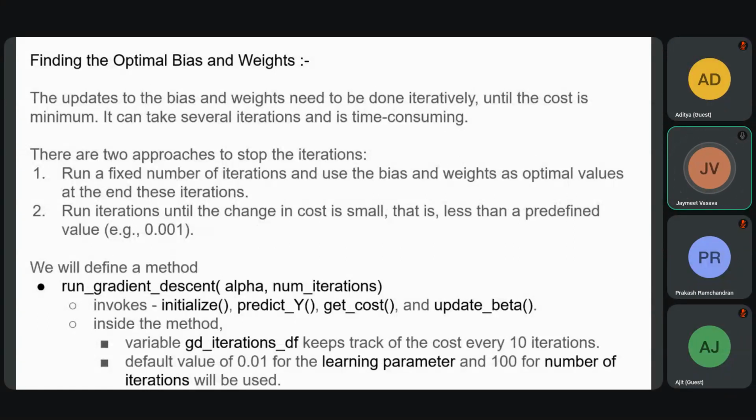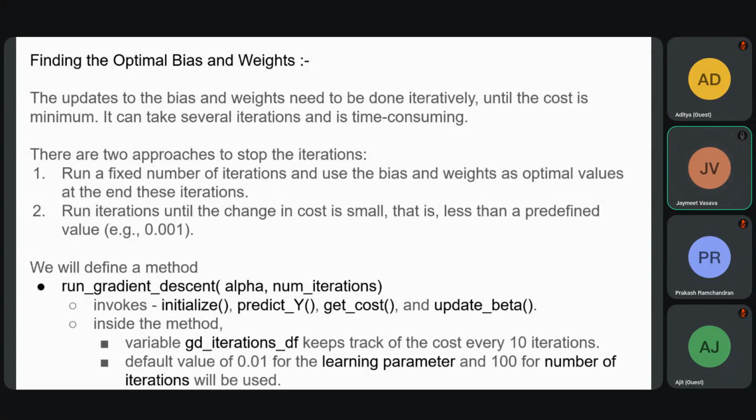There are two approaches to stop the iterations, because it's a time-consuming process and can take several iterations. The two approaches we can opt for are: run a fixed number of iterations and use the bias and weights at the end of these iterations as optimal values, or run the iterations until the change in cost is small, that is, less than a predefined value.